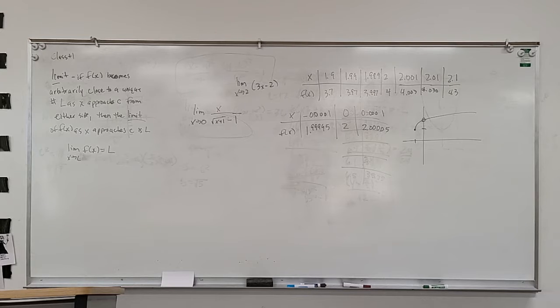So the x value is 0.997 and then 0.998 and 0.999, right?